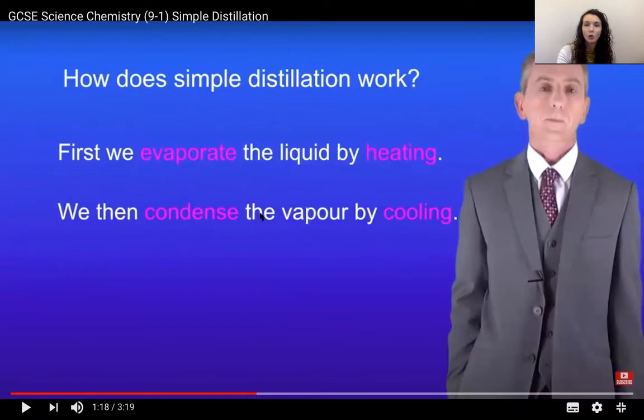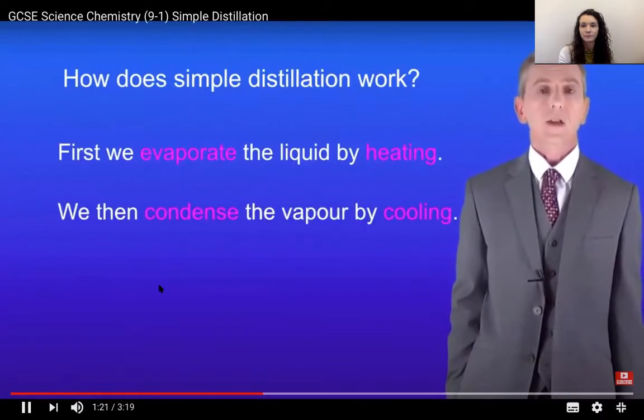And when you cool a gas or a vapor, it will condense. So these are the two really important processes of evaporation and condensation that we need to understand in order to understand how simple distillation works. And you'll be able to see where these processes happen in simple distillation in a moment.